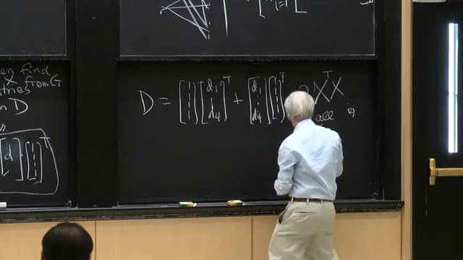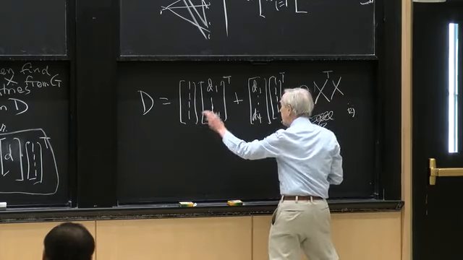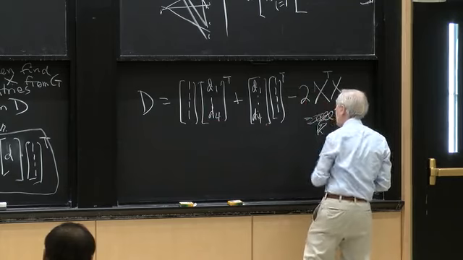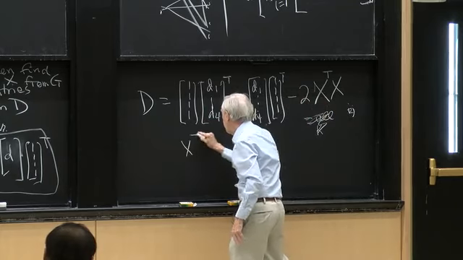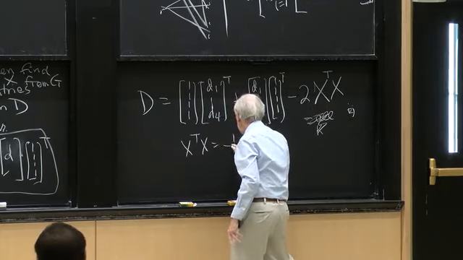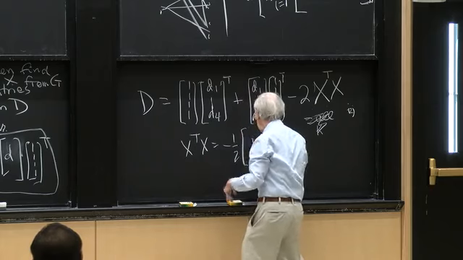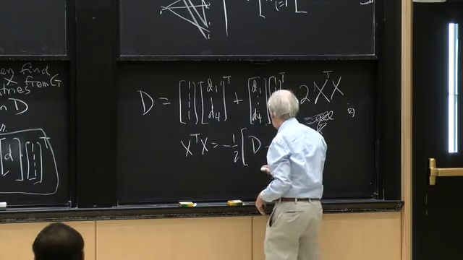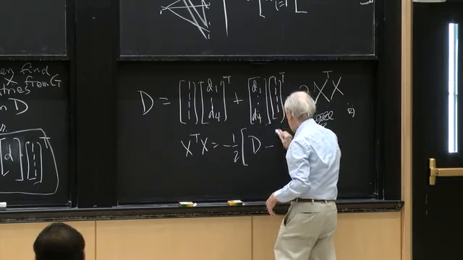Well, so what's known is D and this, so now we have the equation for x transpose x is -1/2 of D minus these rank 1s.